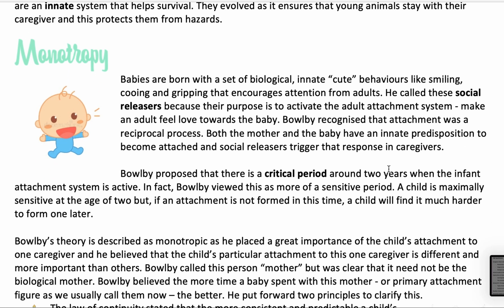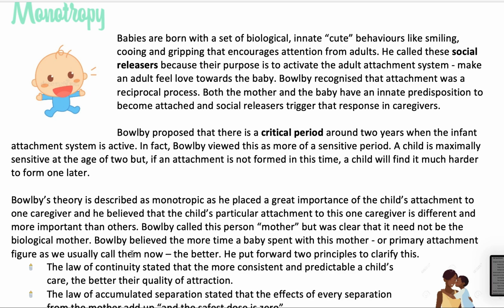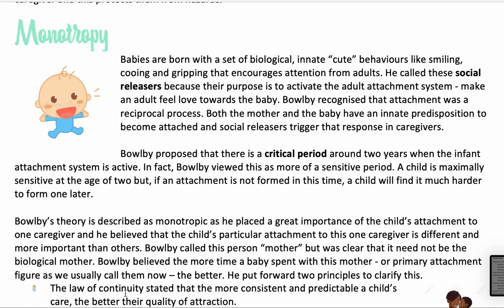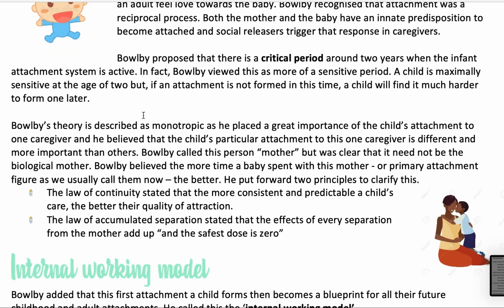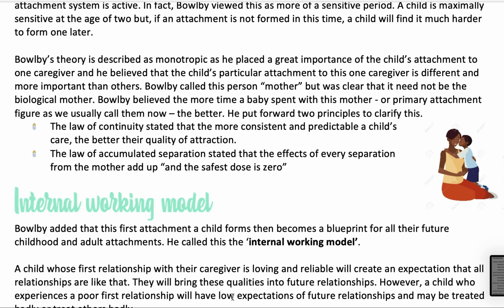And then you can say that they form one attachment that's more significant than all others, and then explain the laws if you want to, but you probably don't need to go into too much detail. And then you can say that this initial primary attachment needs to take place within the critical period, and then you would say this attachment then would form their internal working model, and then you would say what the internal working model is. So think about how this all links together essentially.